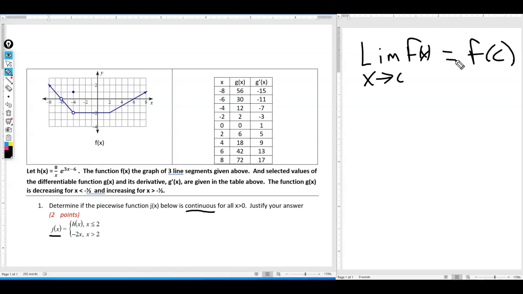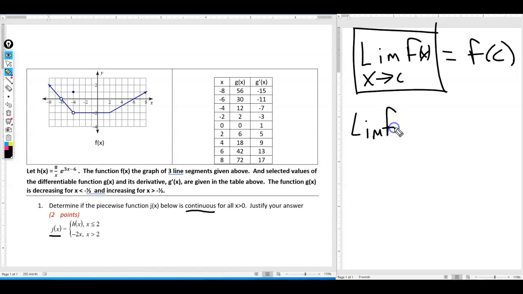And when you're dealing with a piecewise function, a lot of times, if you're trying to prove that the pieces connect, you have to prove that the limit of your function as you approach c from the left is the same thing as the limit of your function as you approach c from the right.